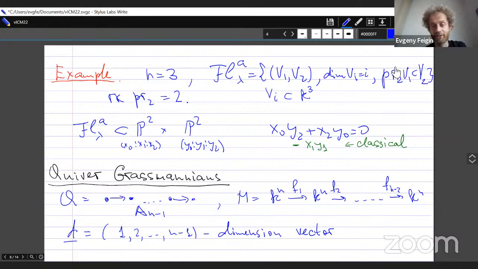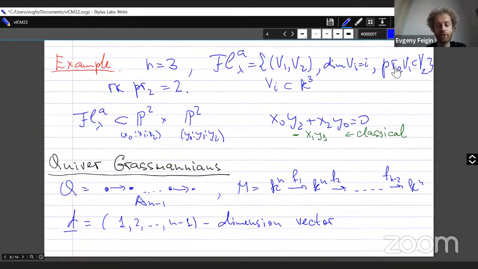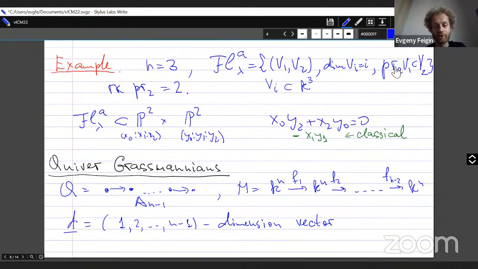Well, the varieties have various interesting properties, and one way to study them is to interpret the linear algebra description as a description of Quiver Grassmannians.